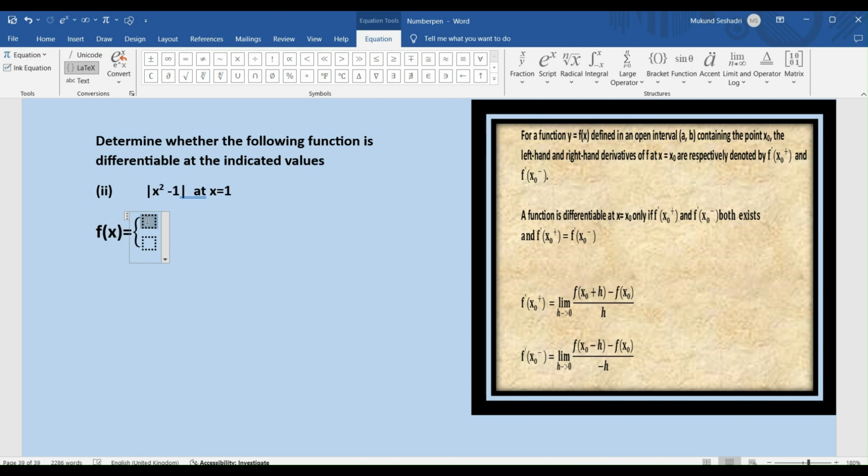So if I'm going to do the same thing for the mod function that we have on our screen, all that I need to do is wherever I have x, I will have to replace the definition by an x square minus 1, right? So what do I get when I write this function?